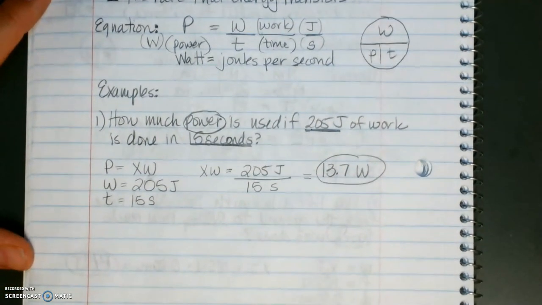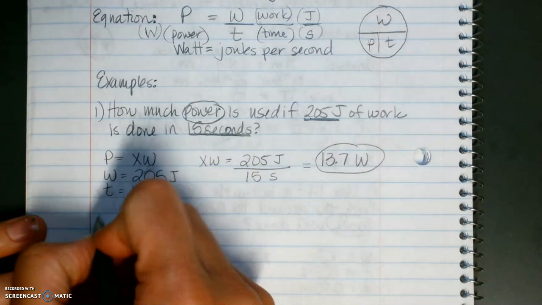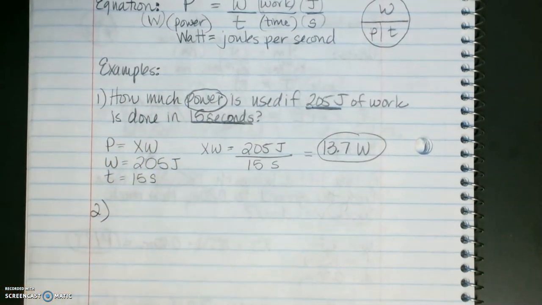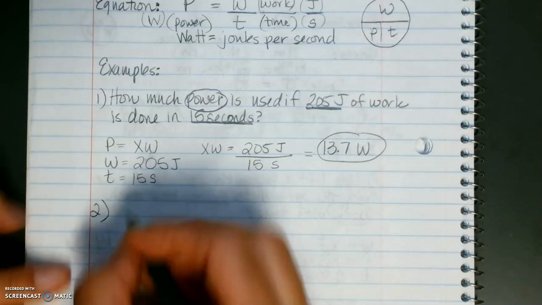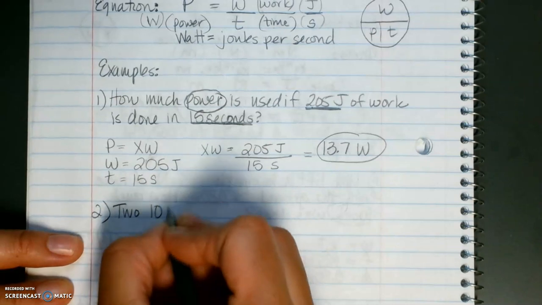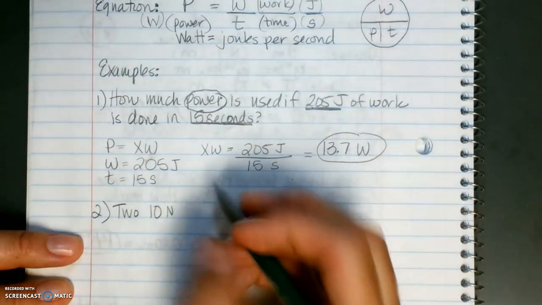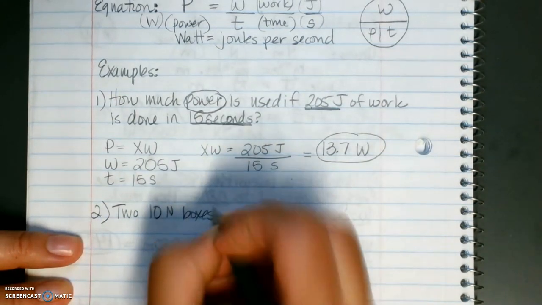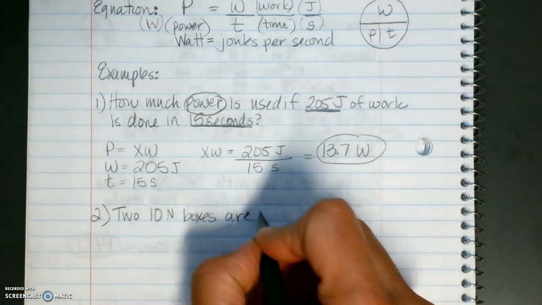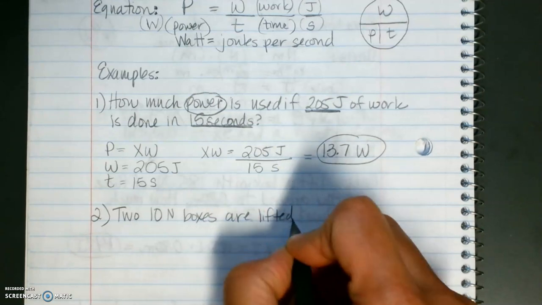Okay, let's try another one. So number 2 is going to be a two-part question, so I'm going to give you a little hint there. So we're going to say that we have two 10-Newton boxes, and they are lifted 12 meters up.